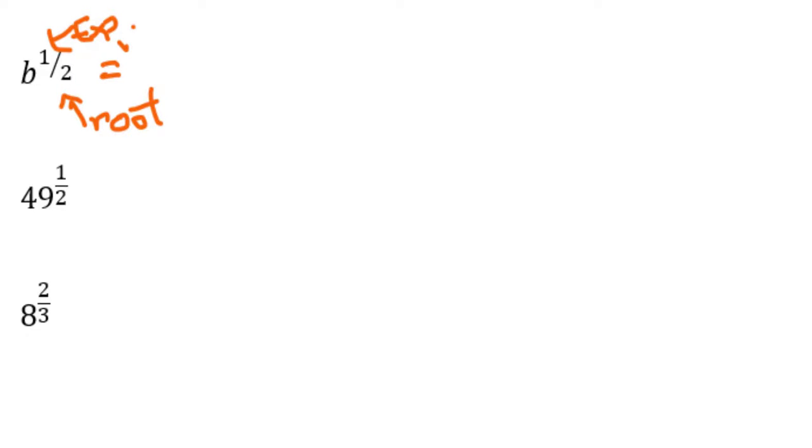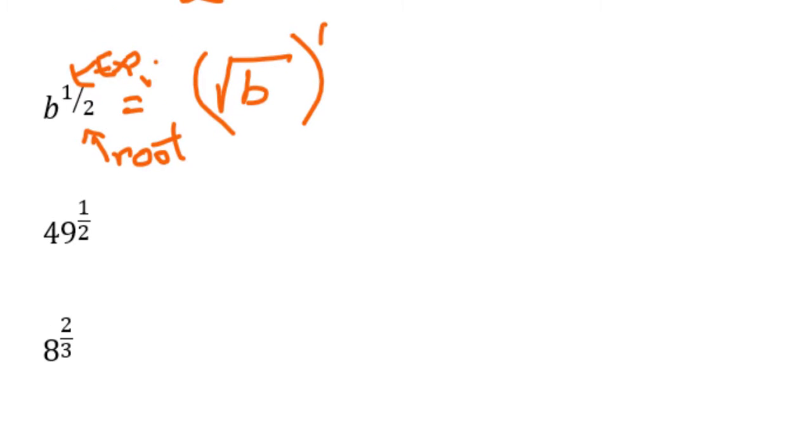So it looks like this: the square root of b, and it's a square root because of my denominator, raised to the power of 1. In this case, it would just be b.